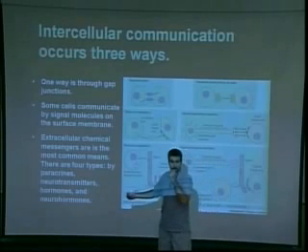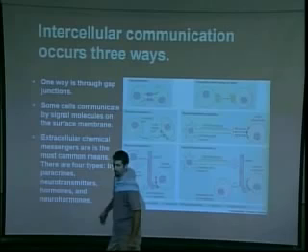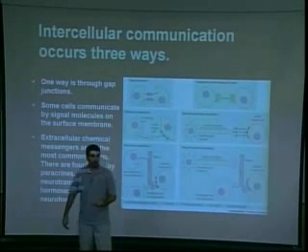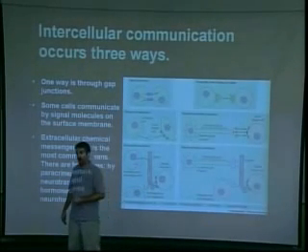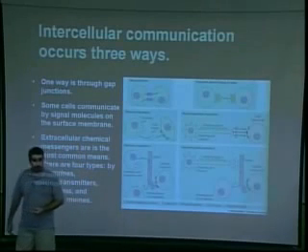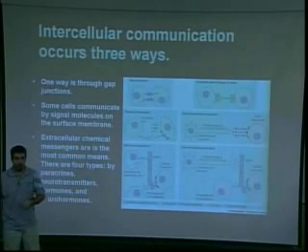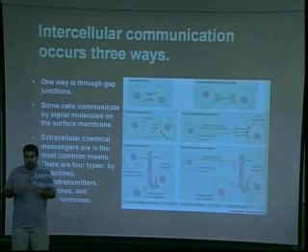A good example is, for those of you who've taken micro, you learned about interferon. When a virus infects a cell, it will release a compound known as interferon. Now, interferon is a local messenger. Interferon will leave the cell that's now taken one for the team. That cell's going to die.